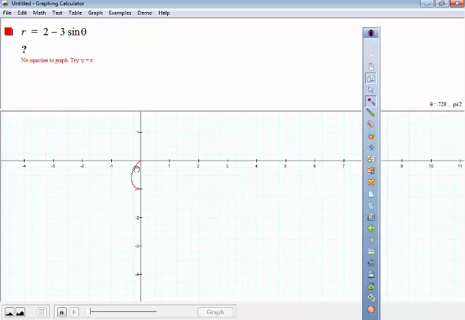So it is, in fact, that little bit that we got. We started from 0 here and we went to whatever this is, pi over 2. Okay? All right, so that's good.